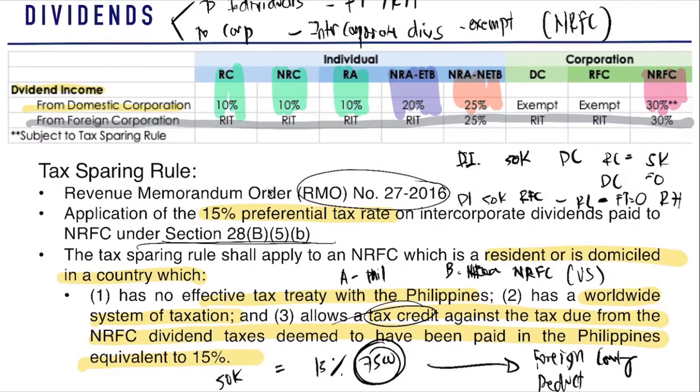Next, liquidating dividend. A liquidating dividend is a return of capital. And we said before, in gross income, there must be tax if ever that is a return on capital. But we say a liquidating dividend is a return of capital. Therefore, there is no final tax. Since that is a return of capital, we compare whether there is a gain or a loss.